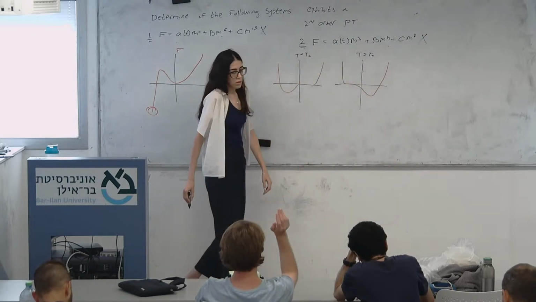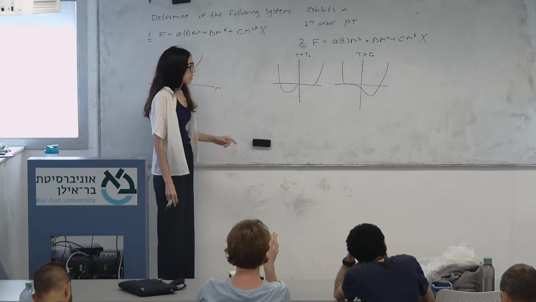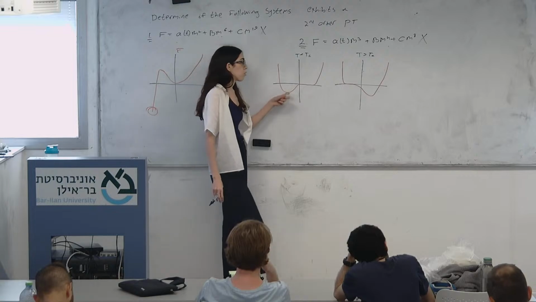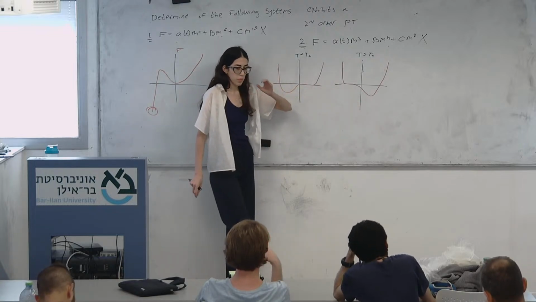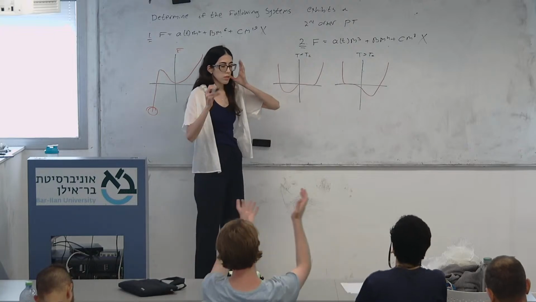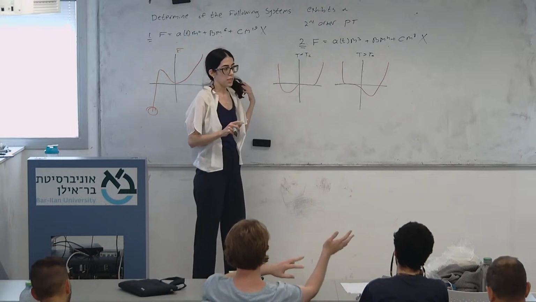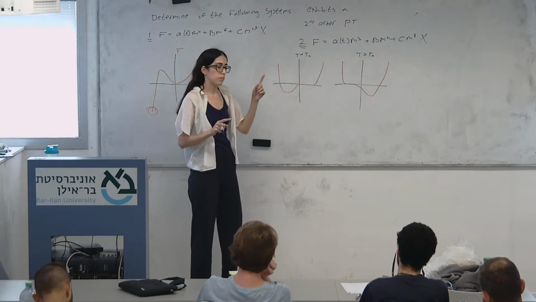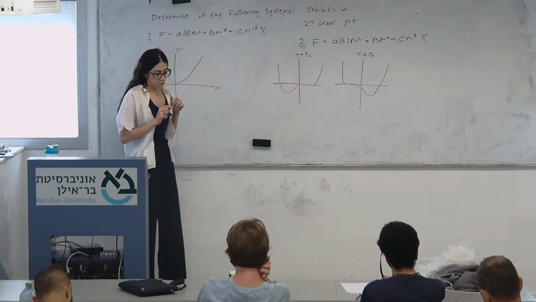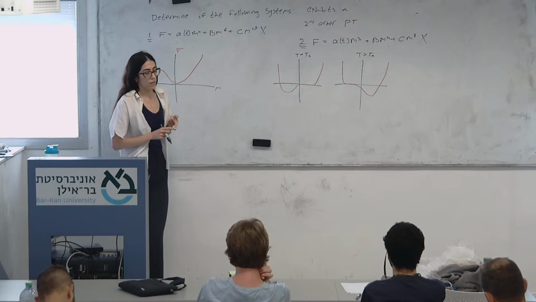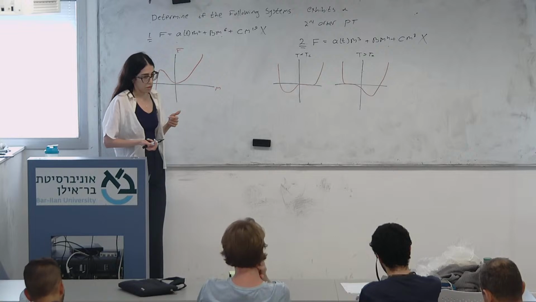Wait, this is first order, because there's only one minimum here? Yeah, but it's because you go from one minimum to another minimum. Wait, so two means that I had two minima and I get to two minima on the other side, symmetric like that? In second order, you go from one minimum to two minima. So technically, what defines the second order phase transition is the discontinuity of the second derivative.